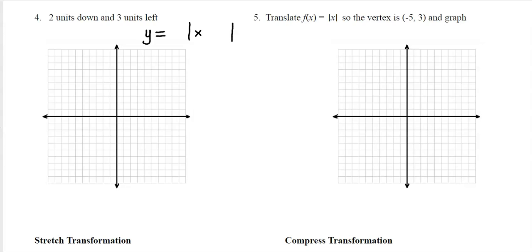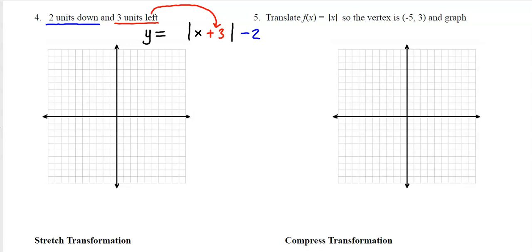Well, we're not reflecting it, so there'll be nothing in front. But if I want to do 2 units down, that happens at the back, so minus 2. And if I want to do 3 units to the left, well, that's going to be inside the parentheses, horizontal, but it's going to be a plus 3. So remember, left is going to be positive 3.